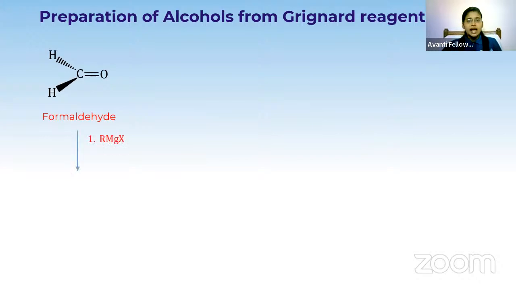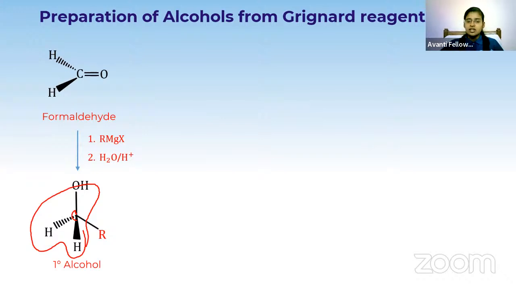Then it has to be hydrolyzed with water in the presence of acid, so H2O in the presence of H+. These two reagents will convert this formaldehyde to a primary alcohol. So from formaldehyde, we will get a primary alcohol. How am I saying it is a primary alcohol? Because it has RCH2OH.